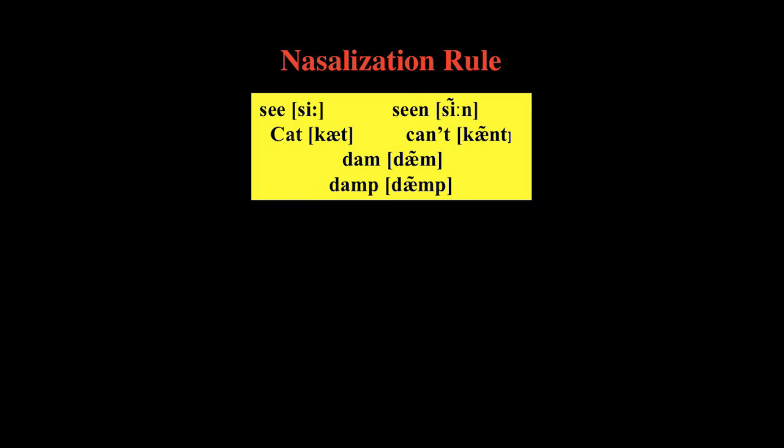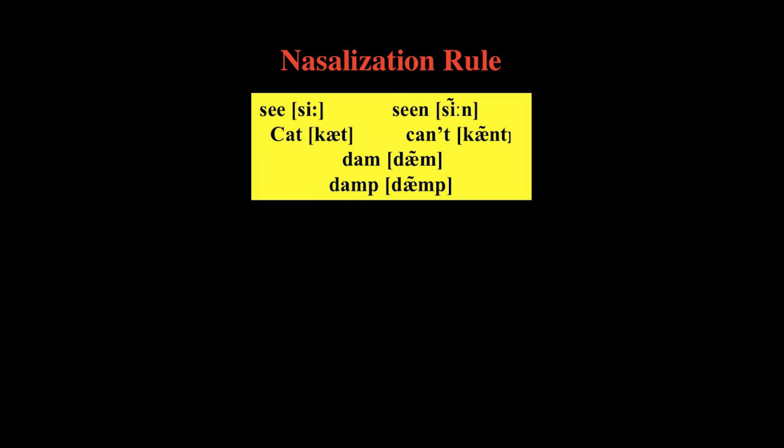Now, we notice that in the phonological transcription of the vowels, we are adding a superscript on vowels. That superscript is the one that actually denotes or signifies a nasalization of vowels.